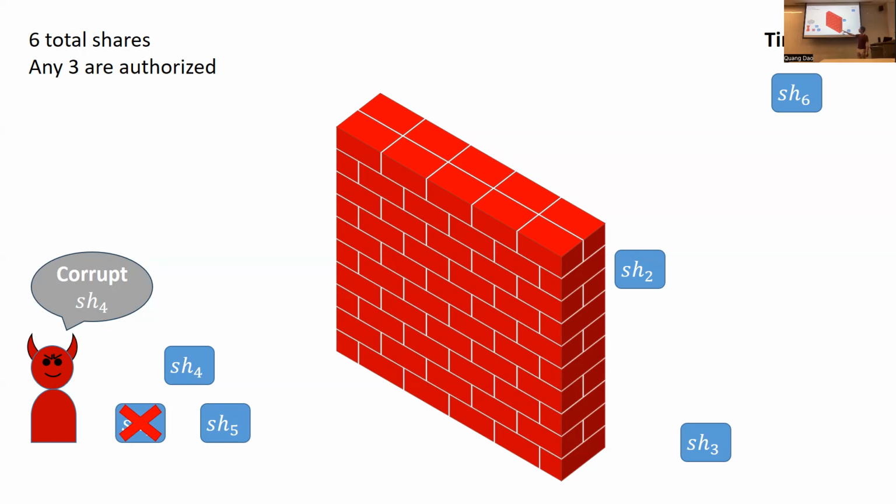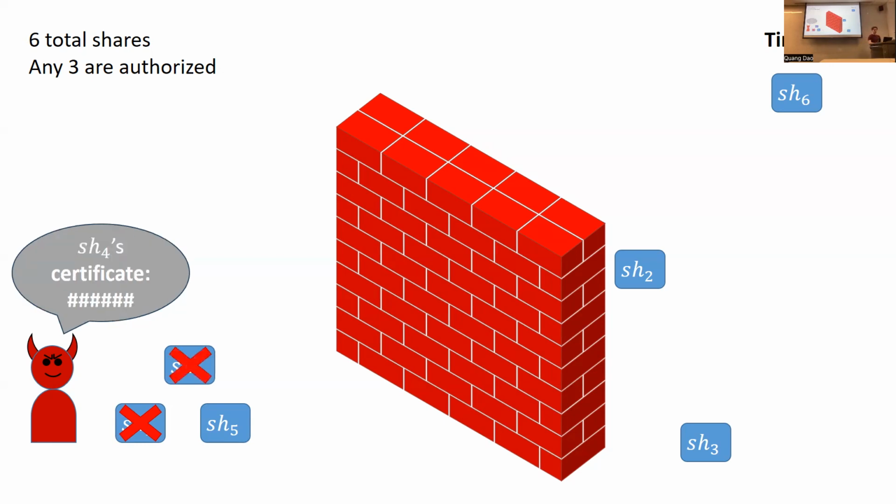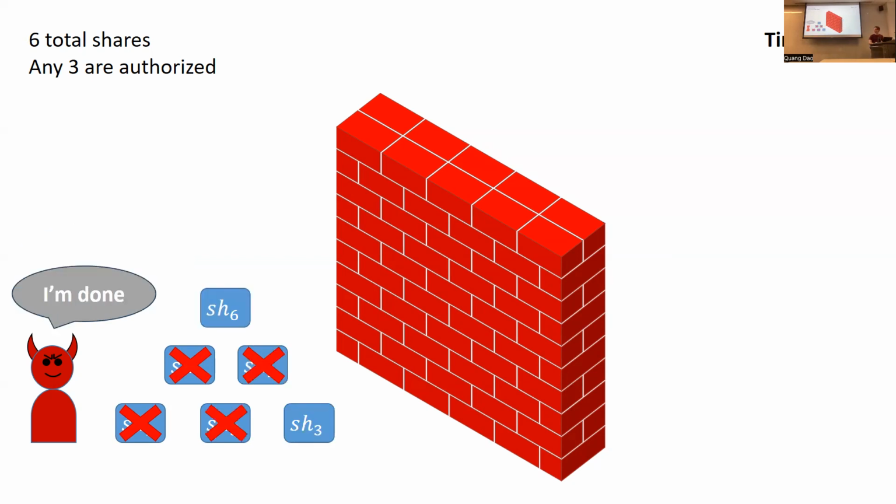If it corrupted a third, then it would have a set of shares which is authorized and has not yet been deleted. So the next move it has to make is either to end the experiment early, or it can delete a share, like so.